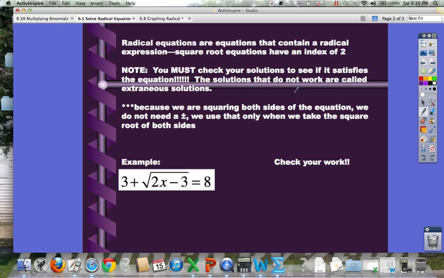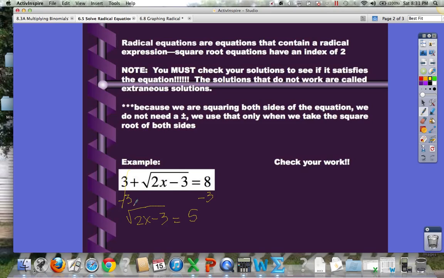And if we're going to do that, we're going to use the same techniques we've always done when we're solving equations. We're going to do the opposite of what it is. So if this is positive 3, we're going to subtract 3 from both sides. This will go away. Now we have the square root of 2x minus 3 equals, and 8 minus 3 is 5.